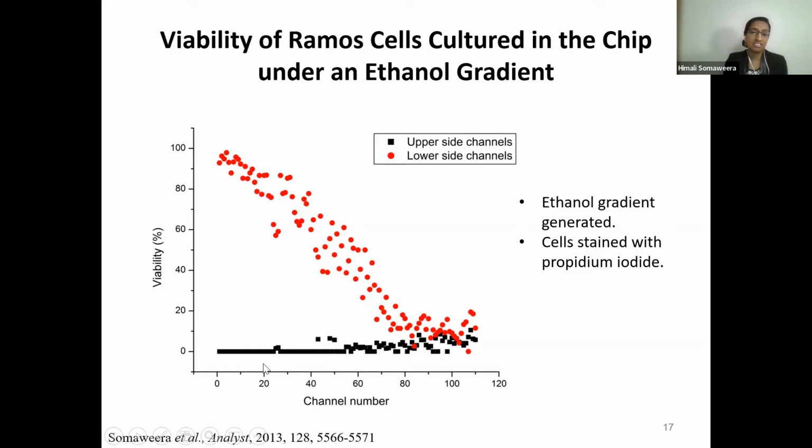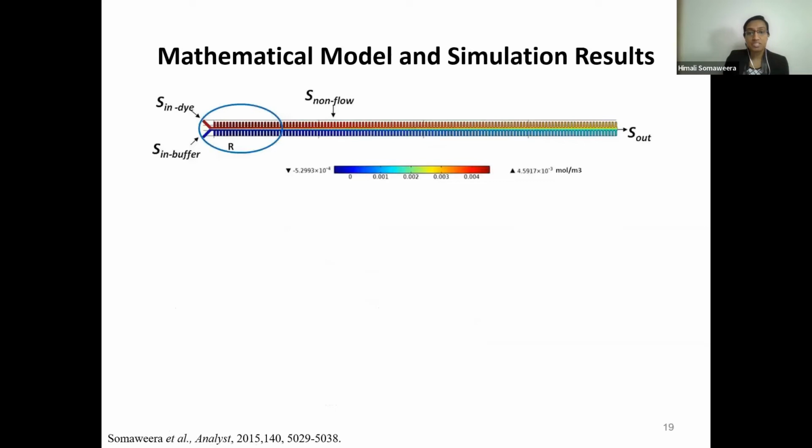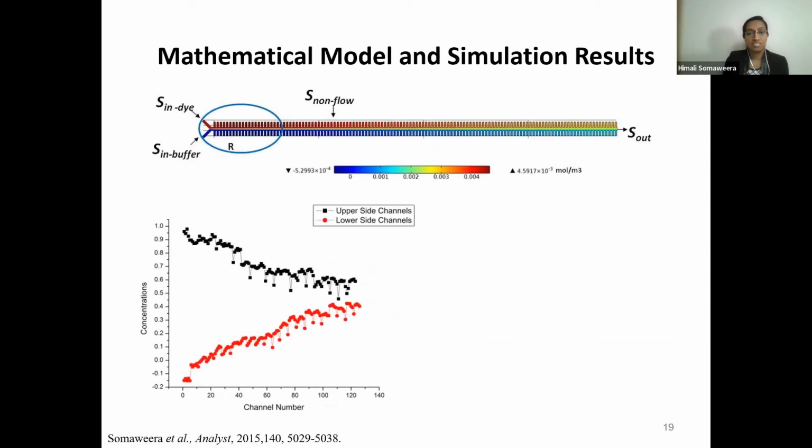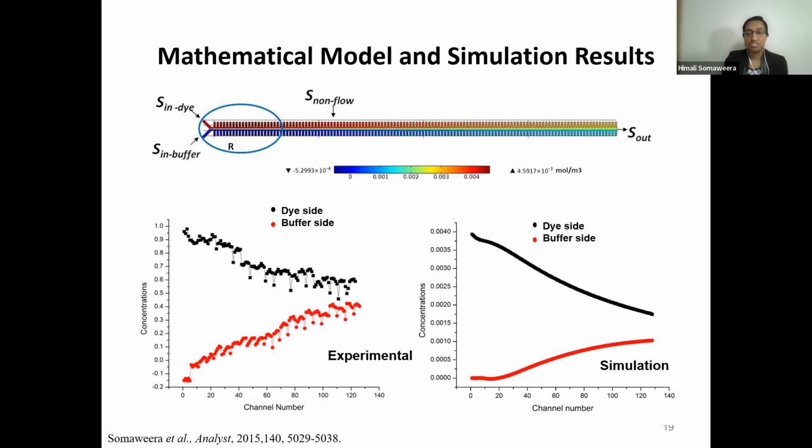In the upper side channel, the viability is pretty low, it's 0, because you have a high concentration of ethanol at the beginning, and the viability keeps increasing as the concentration of ethanol decreases. This indicates that this chip can be used for cell analysis too. We then use the mathematical model and simulation results to validate the fluorescence dye data found experimentally.